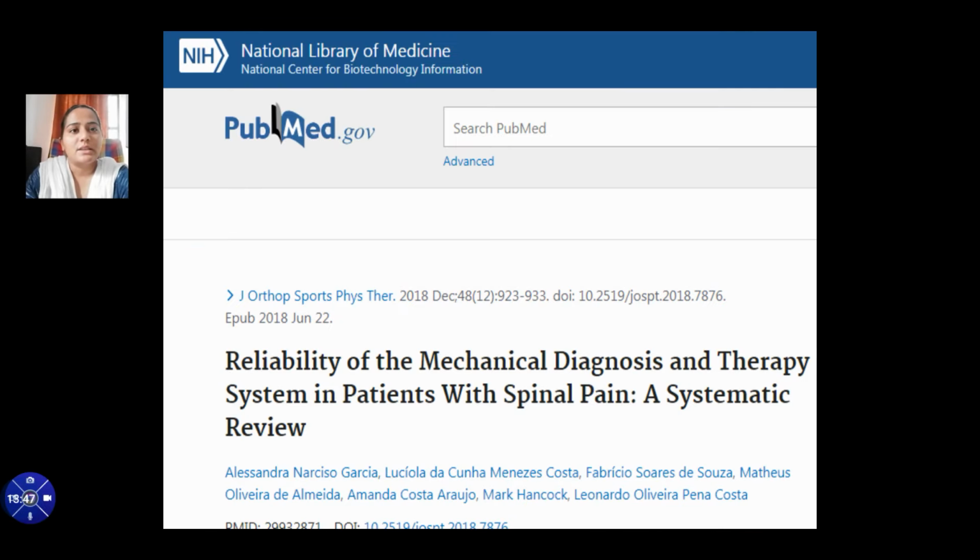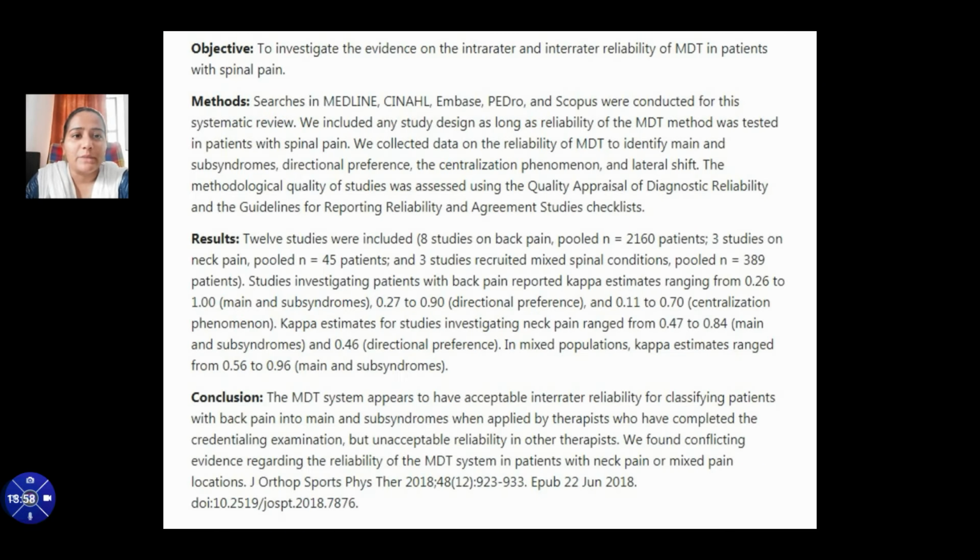So this is a study, reliability of the mechanical diagnosis and therapy system in patient with spinal pain, a systematic review. So according to this review, the MDT system appears to have acceptable inter-rater reliability for classifying patients with back pain into main and sub-syndromes when applied by therapists who have completed the credentialing exam, but unacceptable reliability in other therapists.